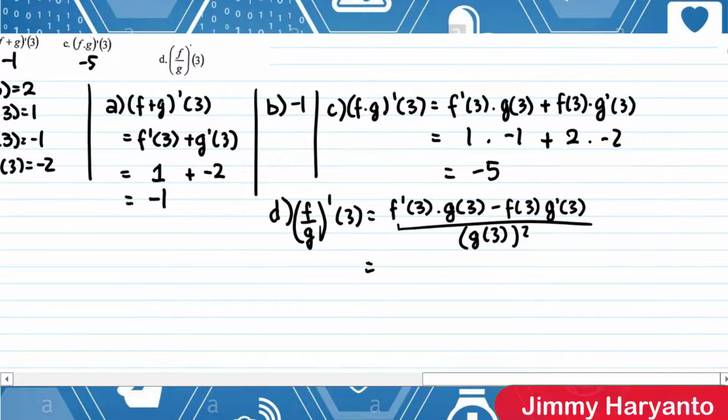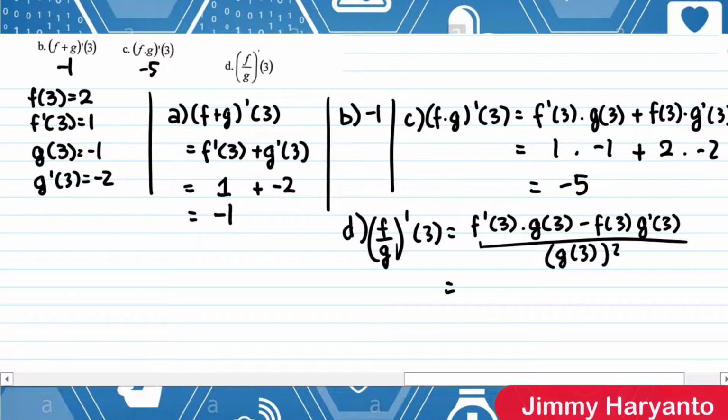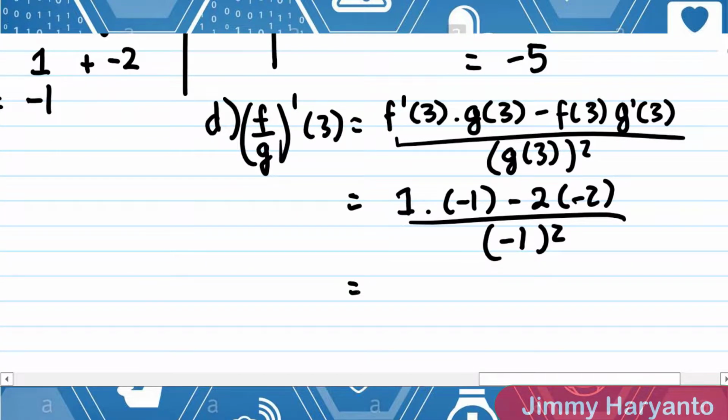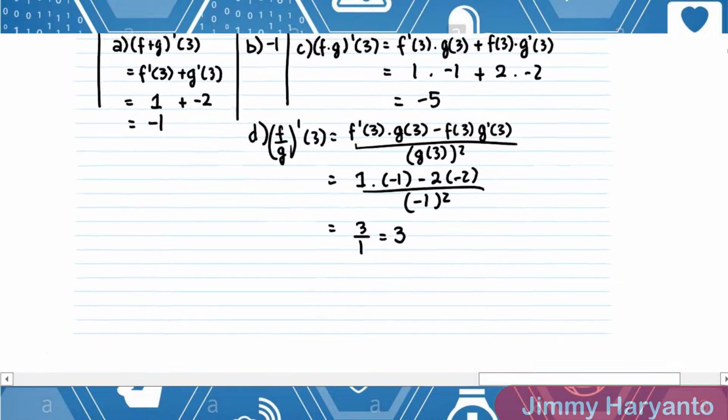Okay, let's substitute the values. f accent 3 equals 1 times g(3) equals negative 1, minus f(3) equals 2 times g accent 3 equals negative 2, over g(3) equals negative 1, squared. So you will get negative 1 plus 4, which is 3 over 1. 3 over 1 equals 3.